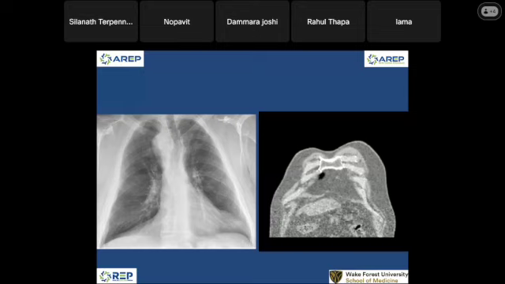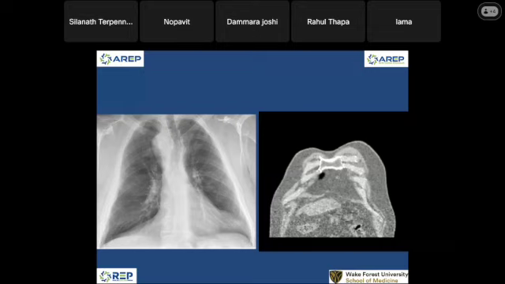Annual checkup, and then this is his chest radiograph. No. Why not? Do you see pneumonia or something? Edema type, pulmonary edema.